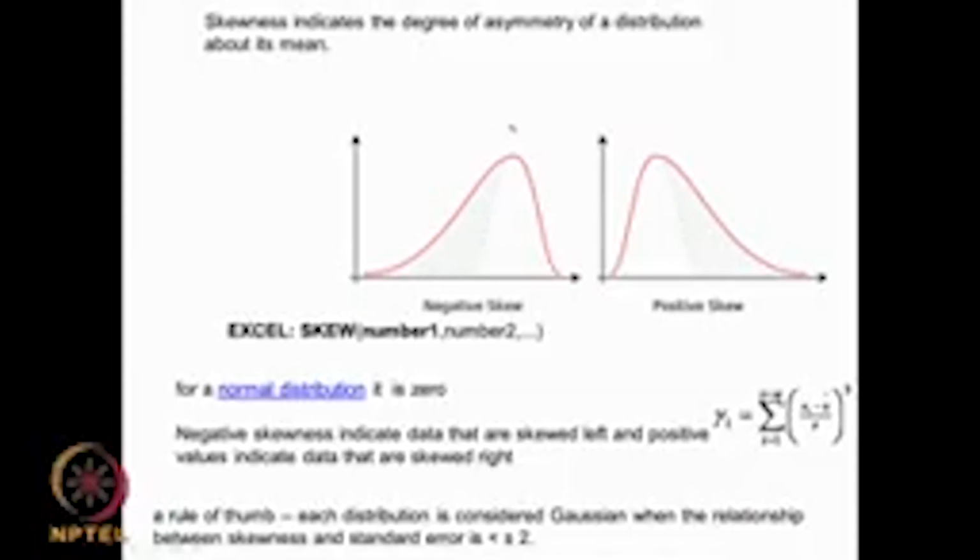For example, you can have a negative skew, that means you may have less data on the left hand side. Positive skew means you have skewed towards the right. This is called a negative skew, this is called a positive skew. Excel also has a function called SKEW.